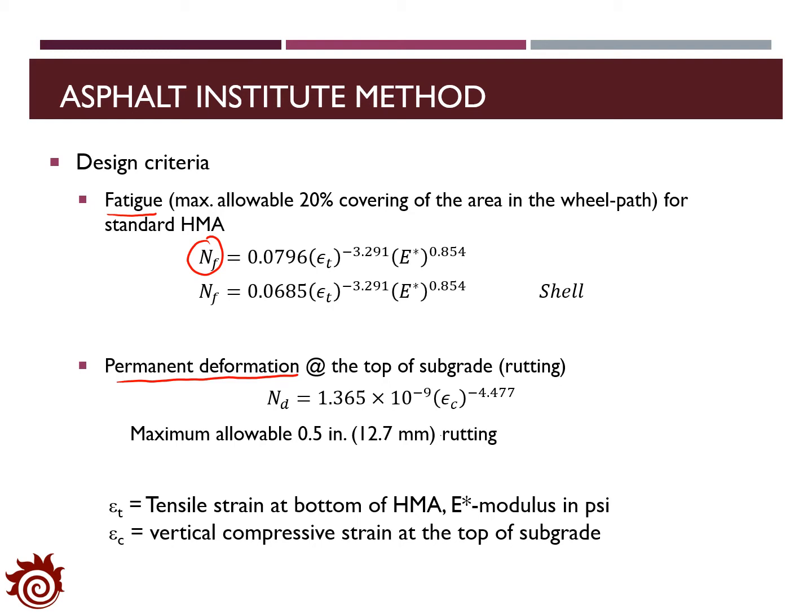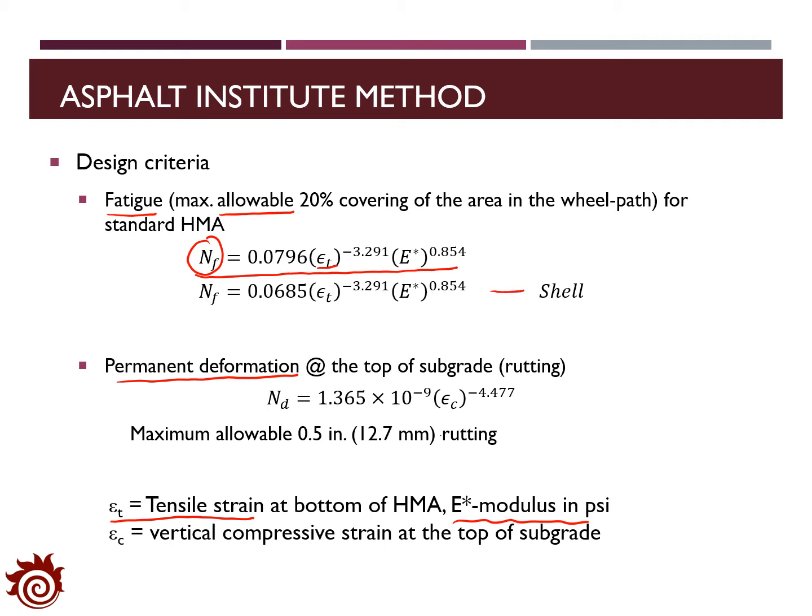And this number is generated to make sure that the maximum allowable fatigue cracking is 20% covering of the area in the wheel path. The equation here shows the relationship between the number with respect to the tensile strain at the bottom of the asphalt layer, and the modulus of elasticity.